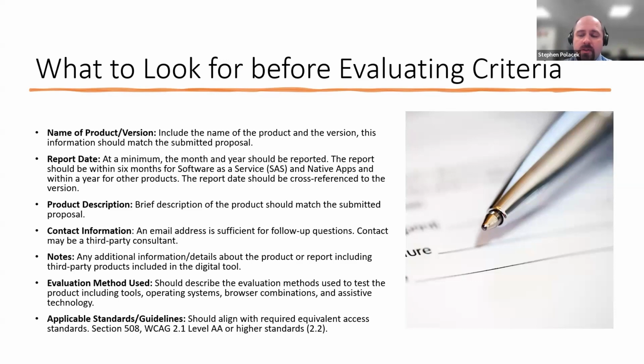Evaluation methods used. This is really important. They should describe the evaluation methods they use to test the product. That includes the tools that they used, if they used a screen reader, if they used something like WAVE or Andi, or if they used SortSite or SiteImprove. Operating systems: what did they test it on? Did they test it on just Windows, or did they test it on macOS as well?